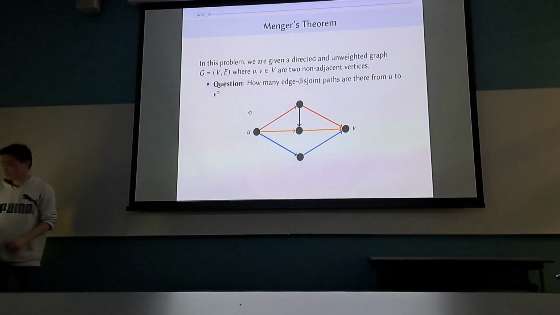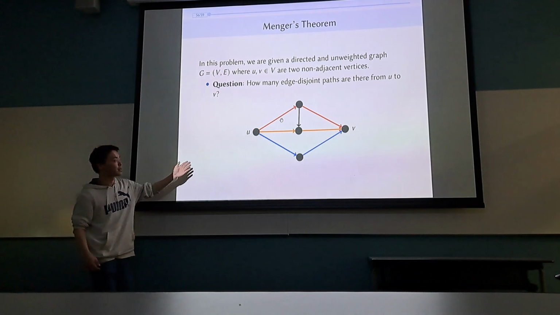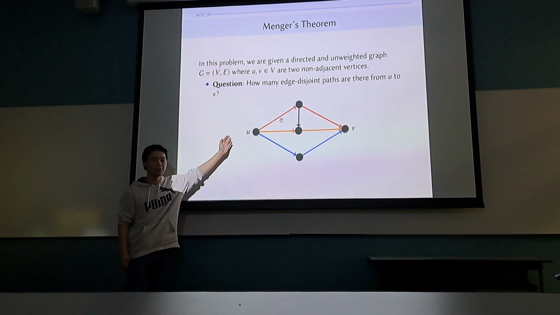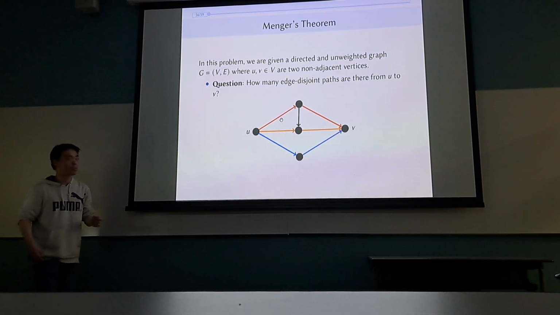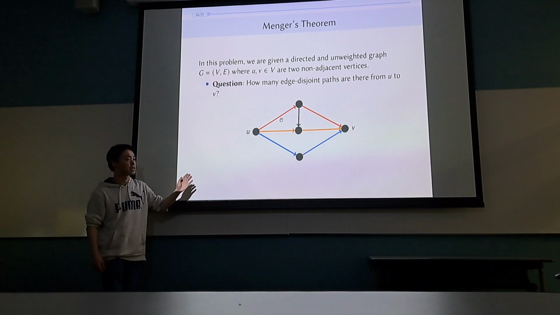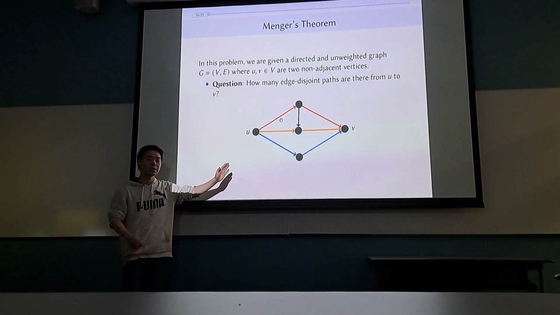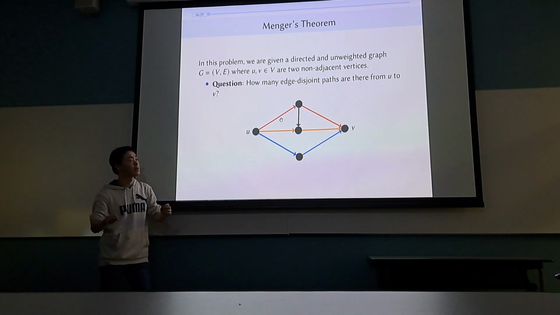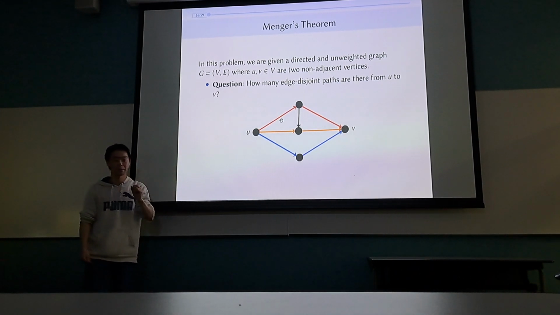Because if I completely cut one of the edges, then there is no more path from U to V via that particular path. So if I can find the smallest number of edges I can cut that completely separate U and V, that corresponds to each of the separate paths that I can take from U to V. And that will tell me the number of edge disjoint paths from U to V.